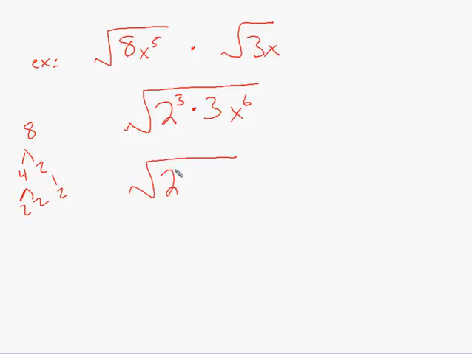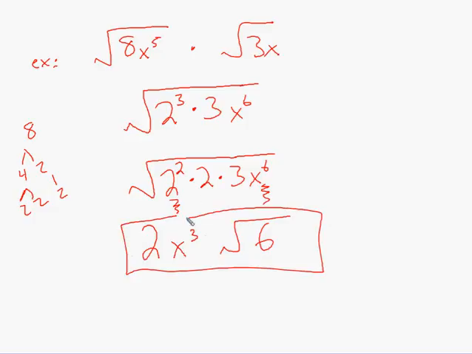So I'm going to split up that 2 cubed to 2 squared times 2, times 3. And the x to the 6th is fine. So the square root of 2 squared is 2. I can do that one. I can do the x to the 6th. That's going to be x cubed. And then that leaves 6 on the inside. 2 times 3 is 6. So that's our final answer. I'll give you a moment to copy that down.